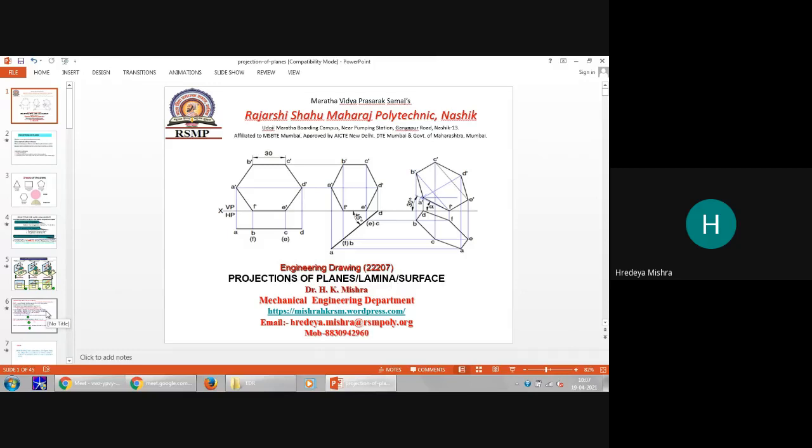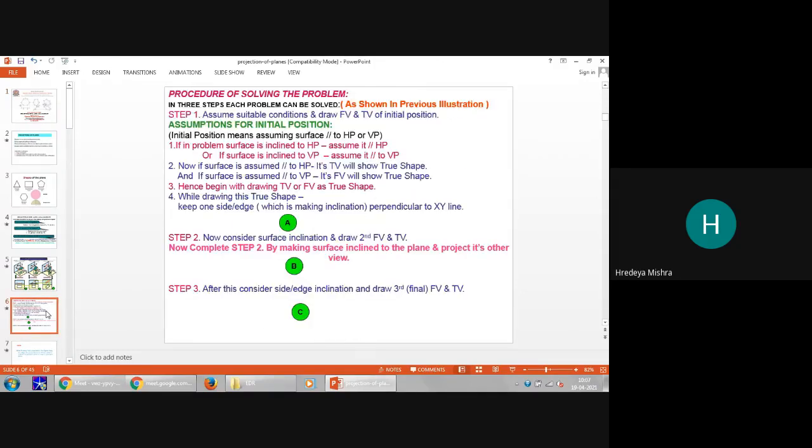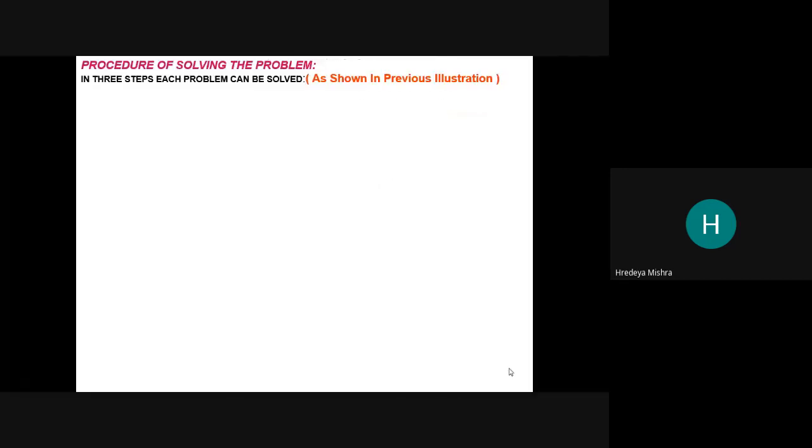Before starting, I will just repeat the assumptions which we have to keep in mind when we solve any problem belonging to the projection of the plane.